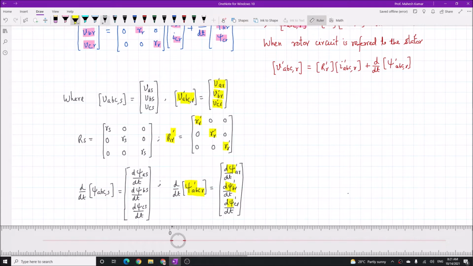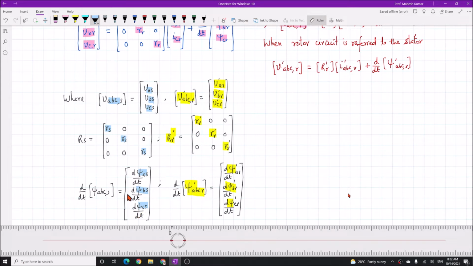For the stator, this is VABCS here. So VA, VB, VC column vector. RS is a 3 by 3 matrix which has diagonal elements RS, RS, RS, and the d by dt of psi ABCS becomes d by dt of each flux, psi AS, psi BS and psi CS.